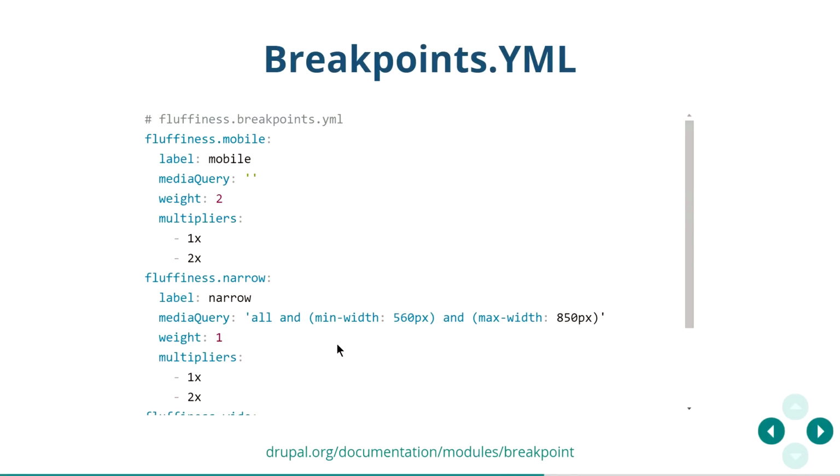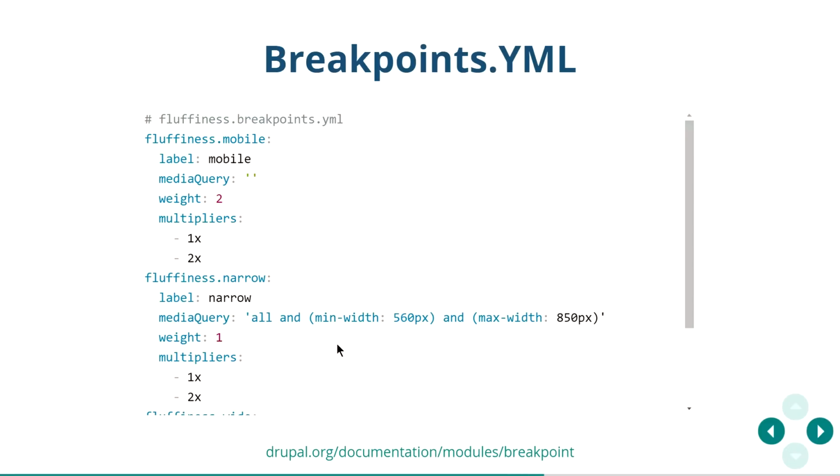Very simple format. We have fluffiness.mobile, so this is a breakpoint for my fluffiness theme. We give it a label. Media query is no media query. We give it a weight, which affects the UI, what order these are in. And then we can also give it multipliers, so we can have retina and non-retina sizes.